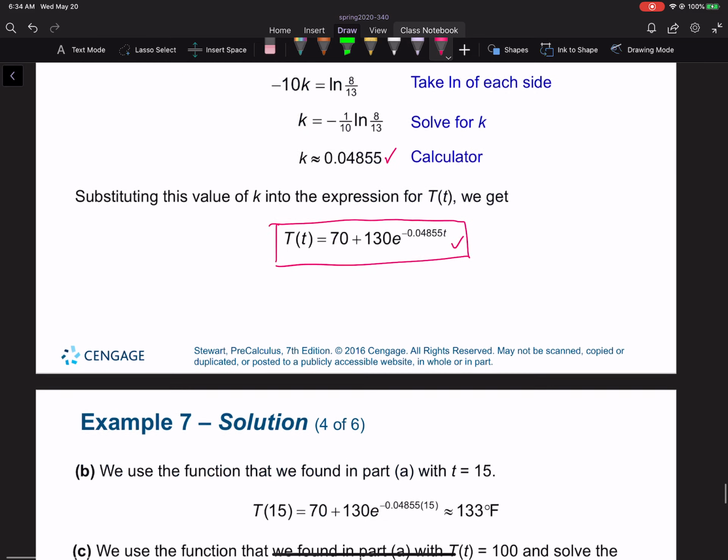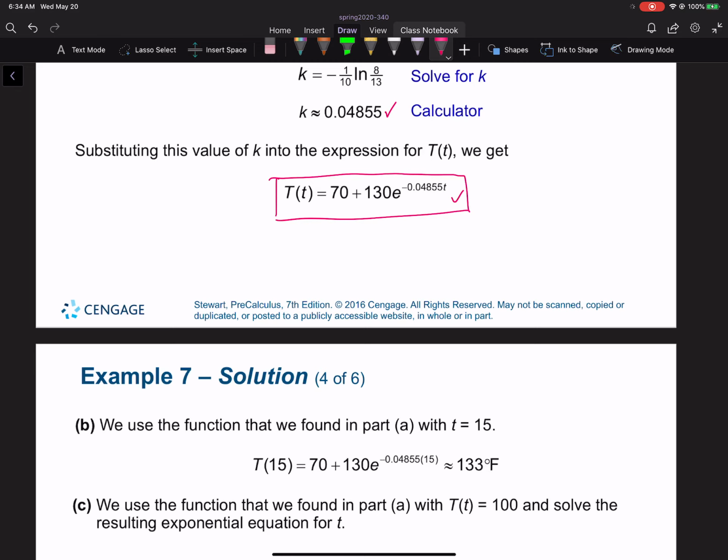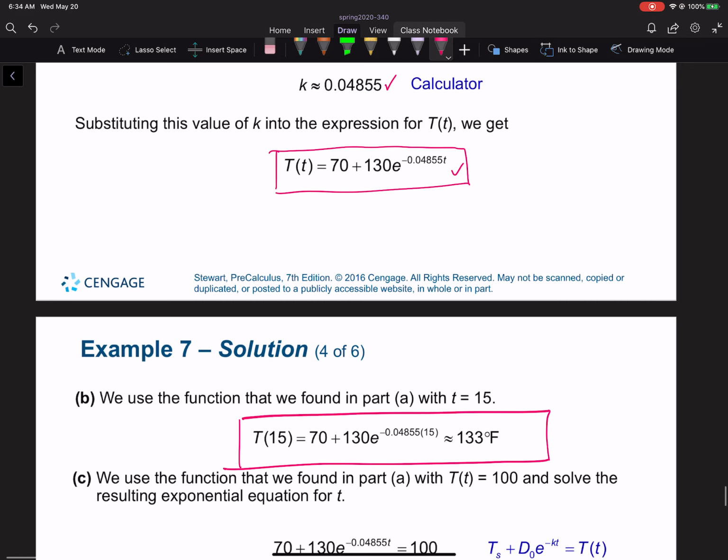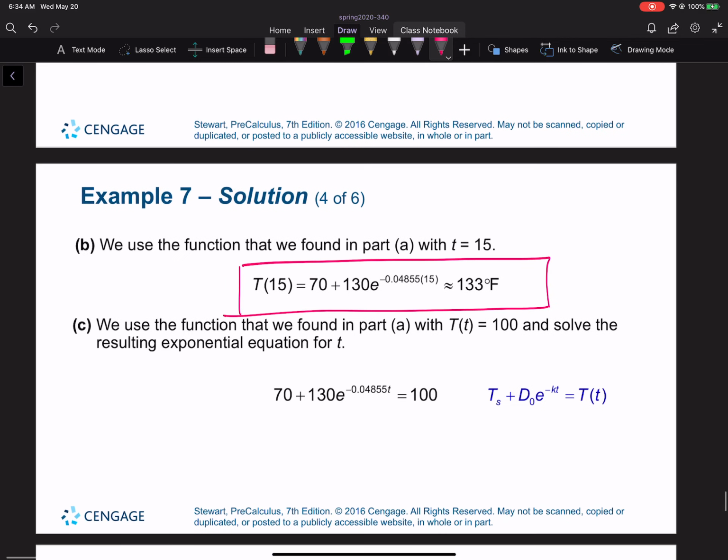Now let's look at B. B says use the function found in A with t equal to 15. So when you plug in t equal to 15 and punch it into your calculator, you should be able to get the answer. The other part says use the function found in part A with the temperature equal to 100 to solve the exponential equation for t. They're trying to let us find t, which is an exponent, so you have to go through some logs.